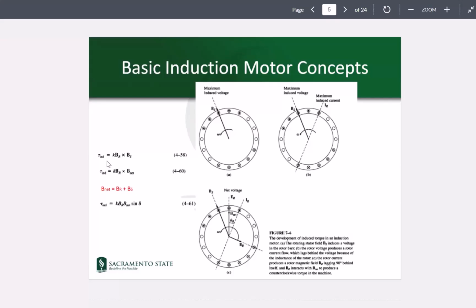This tau becomes 0, right? That's because there would be no relative speed between the stator and rotor magnetic fields. If there is no relative speed, there would be no voltage induced, right? So therefore, we never reach the synchronous speed.